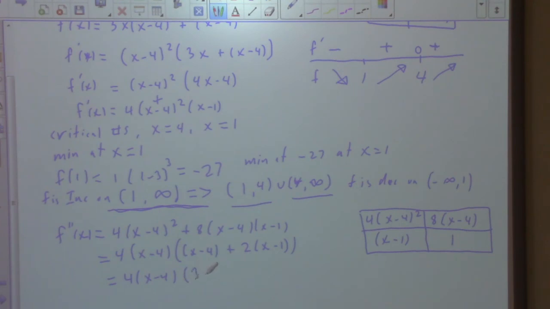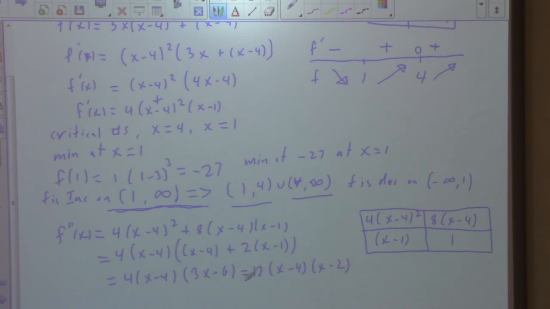So 3x minus 6, and we can factor out another 3 out of there, can't we? Mm-hmm. So we'd have 12, and so we still have x minus 4, and then we have x minus 2.